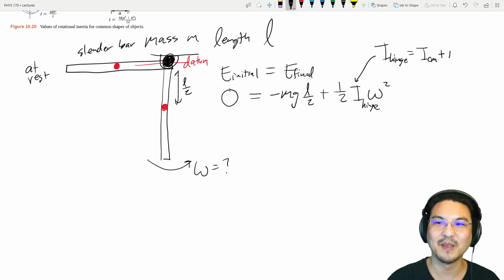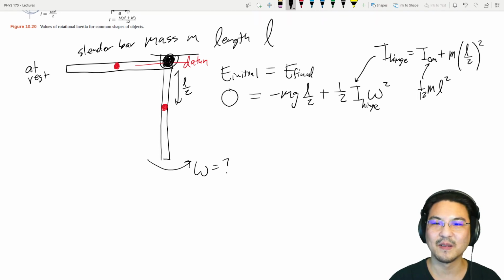How much extra? The mass of the bar, the distance between the two parallel axes, squared. And about the center of mass, we just get straight from the appendix, from that table, 1/12 ml squared. Okay.